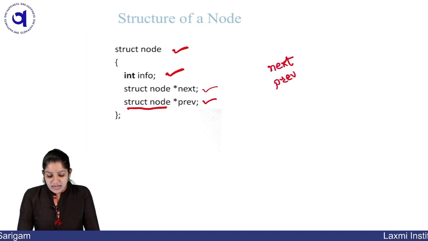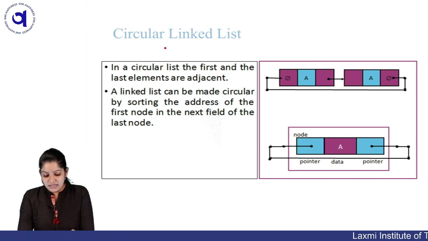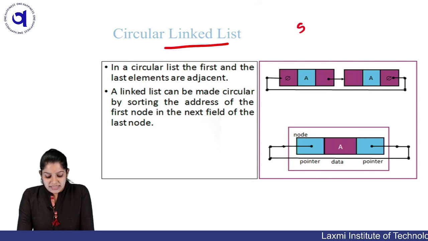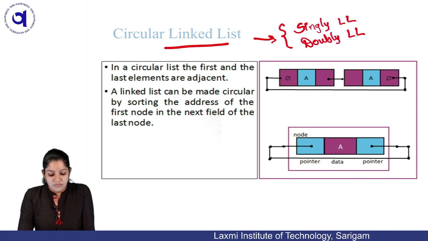And the last variant is the circular linked list. You can implement a circular linked list using a singly linked list as well as a doubly linked list. Here I have an example of a singly one only.